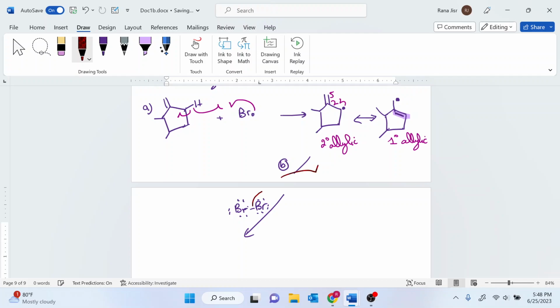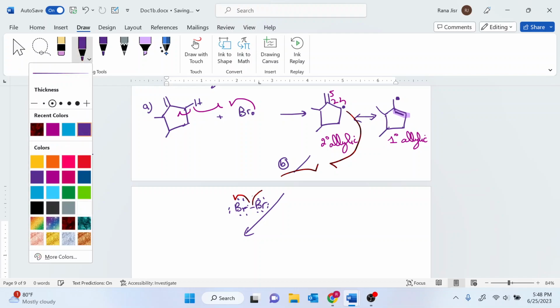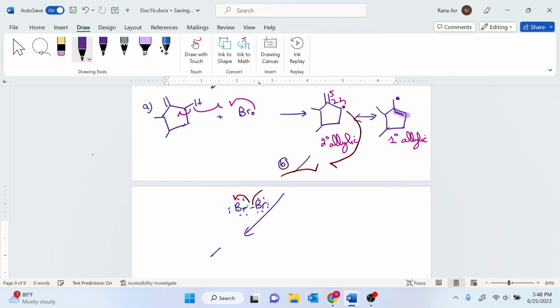So the bromine is going to come and it's going to couple with the free radical. And then you're going to end up having a free radical on this bromine. That is going to be my first allylic substitution. It is going to be a chiral center, so the bromine is going to attack either from the top or from the back.